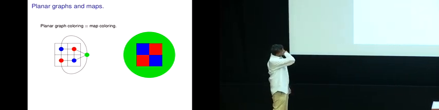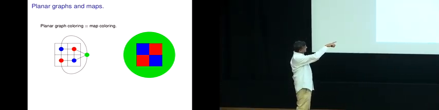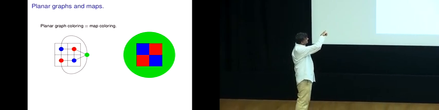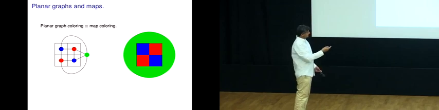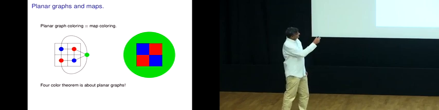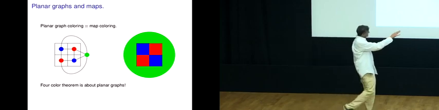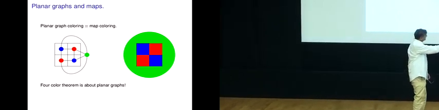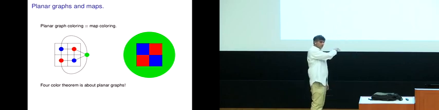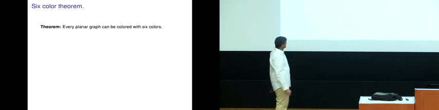This is the way I'm doing it. I'm just drawing a node for each country and drawing connections to adjacent countries or adjacent states or whatever it is. So this four color theorem is usually stated as you can color a map with four colors. It's actually the same statement as you can color a planar graph with four colors.